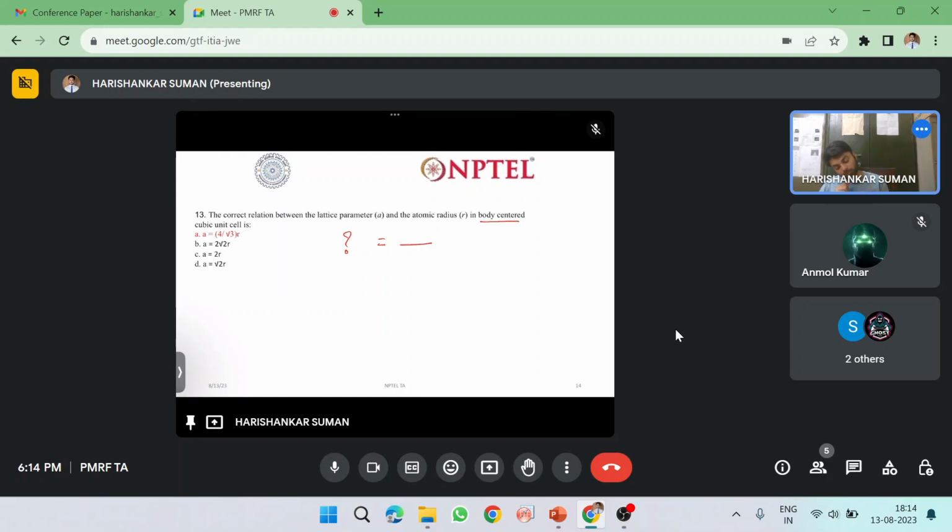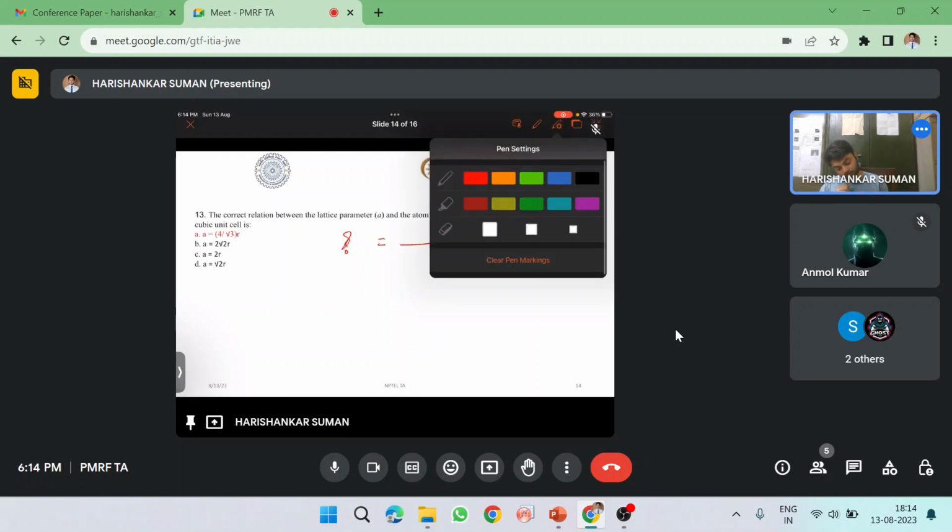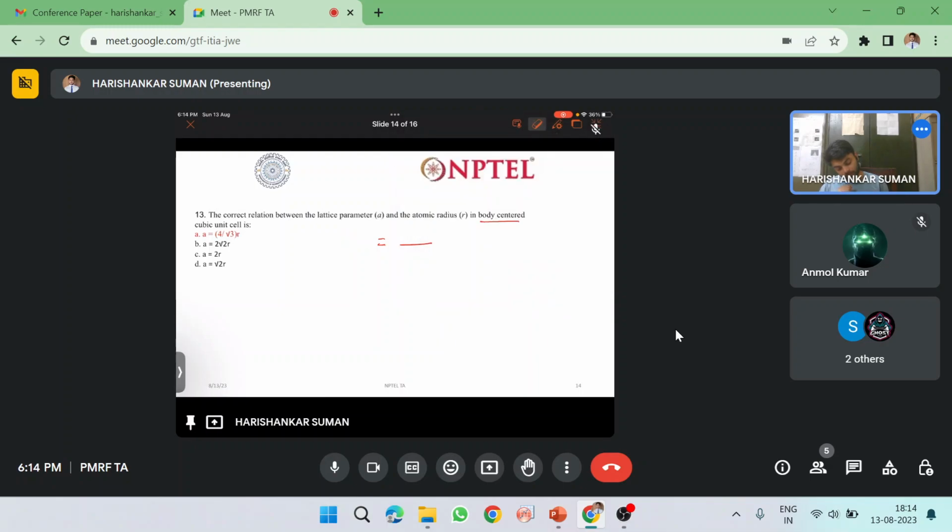Packing fraction: the volume of the total number of atoms with respect to the volume of the unit cell. Number of total atoms times volume, over the unit cell volume.